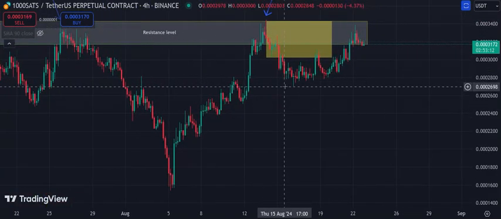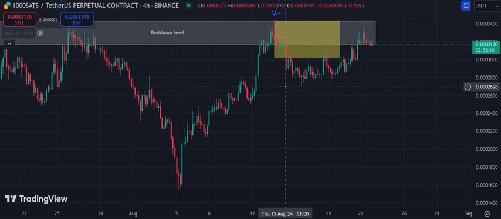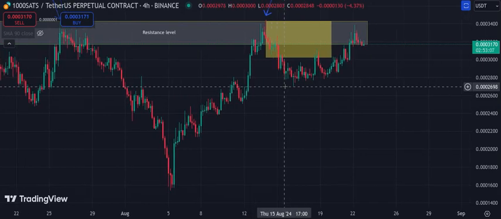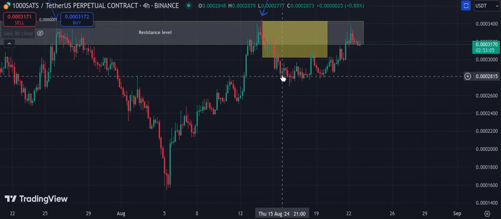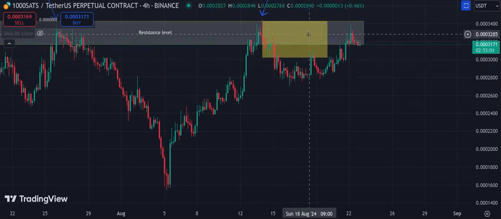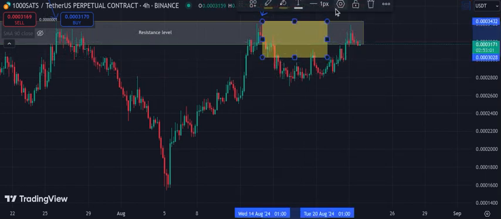So our resistance level, and this one here is the 1 day order block.